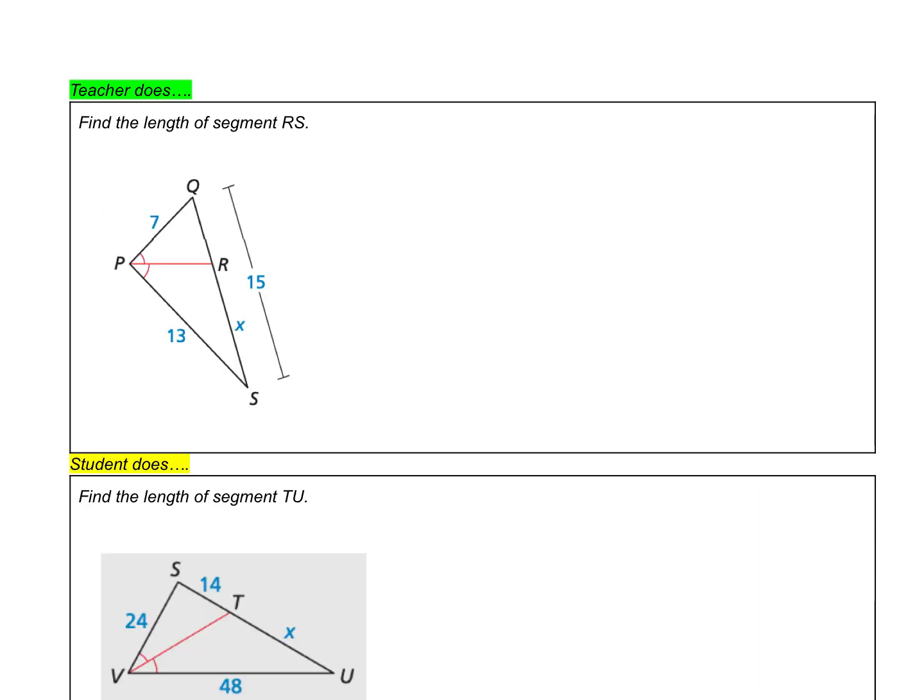Okay, so what I want you to notice is we have an angle bisector here, which means this part goes with this part, and then this part goes with this one. So if we start with the red, the left triangle has side of 7, and that corresponds to 13.